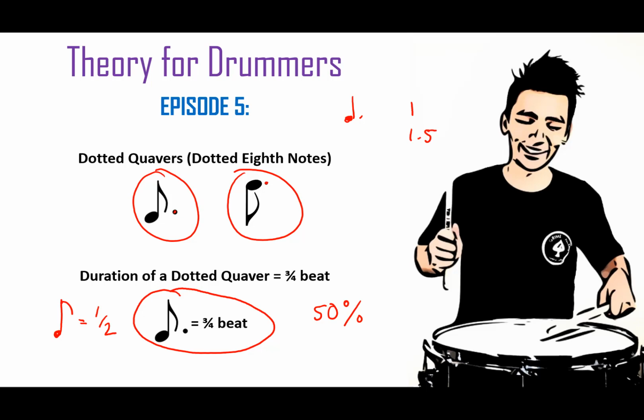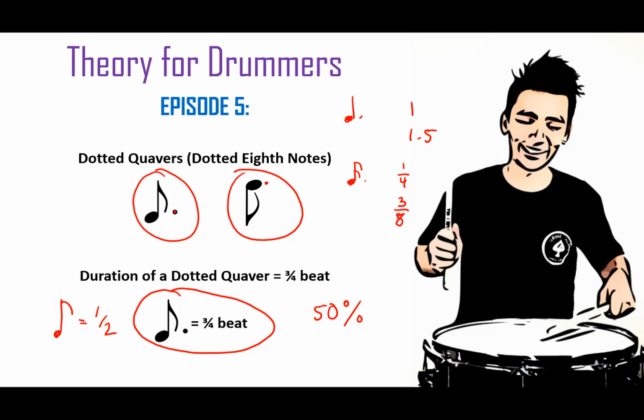You take a semiquaver, put a dot in front of it, it goes from being 1/4 of a beat to 3/8 of a beat.